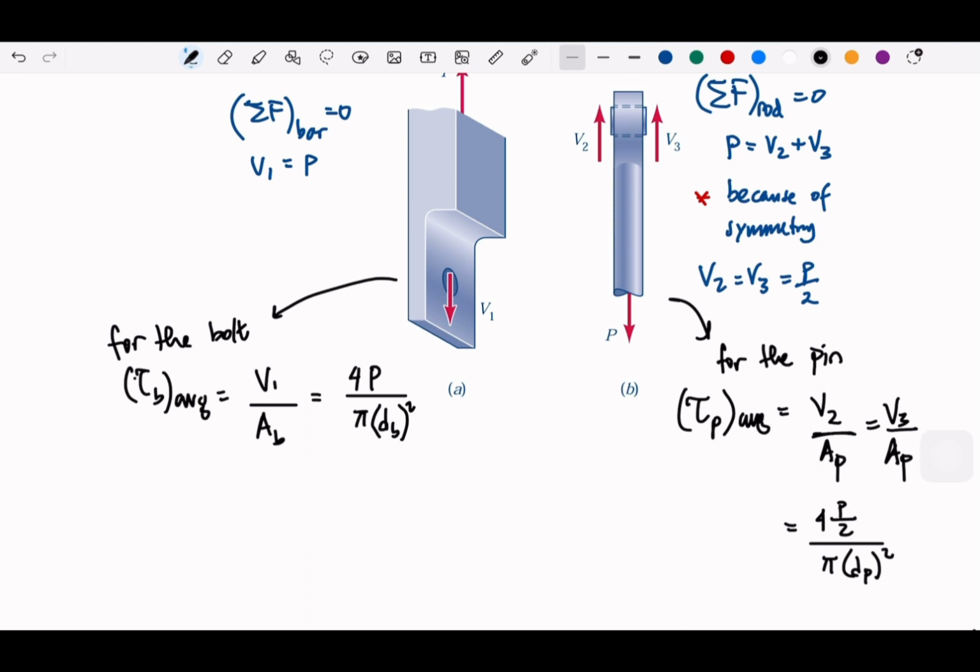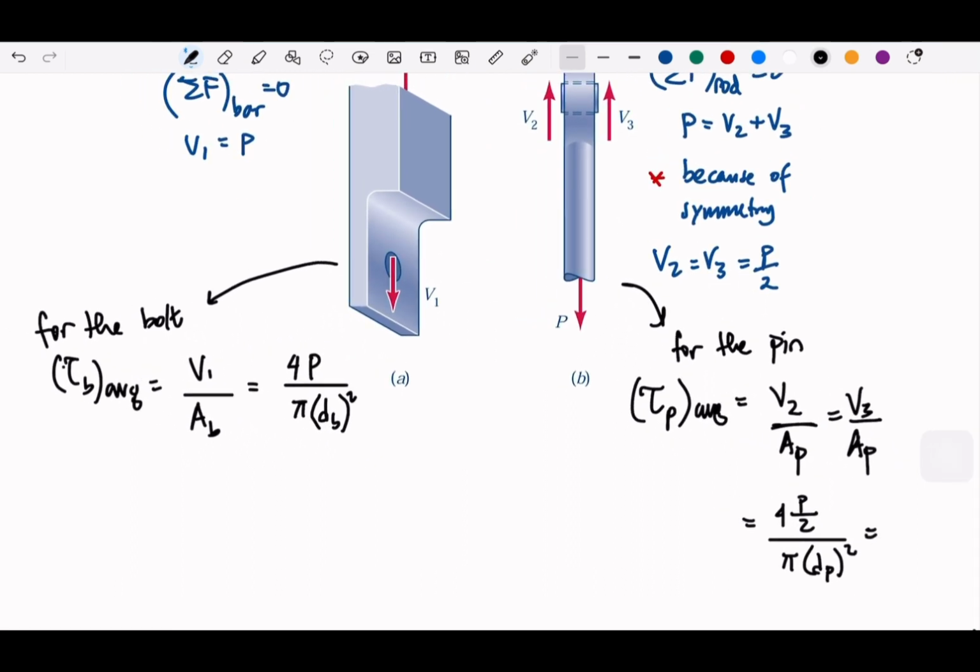So we can write this as 2P over pi d_P squared. Or if you see from the value itself, we could conclude that if they have the same forces, the stress in the pin will be half of the bolt.